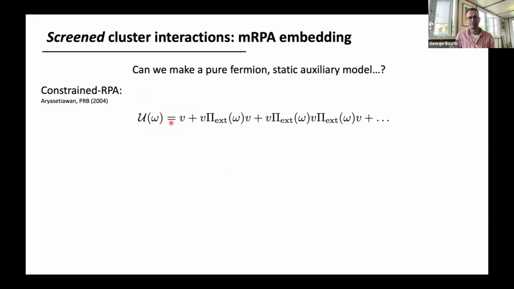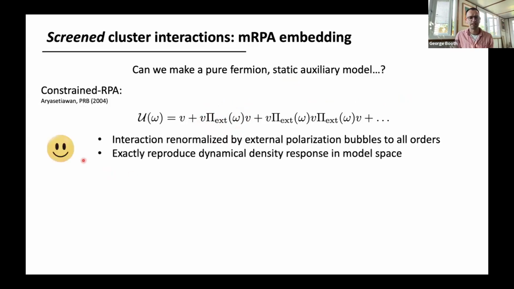This is where you have your bare interactions V here, and then you couple them to the polarizability in the external environment, which contains all of your particle-hole diagrams. And then if you have an infinite series of these, then you can renormalize to any order of effective interaction with the environment within this particular channel, which is normally taken from the particle-hole RPA.